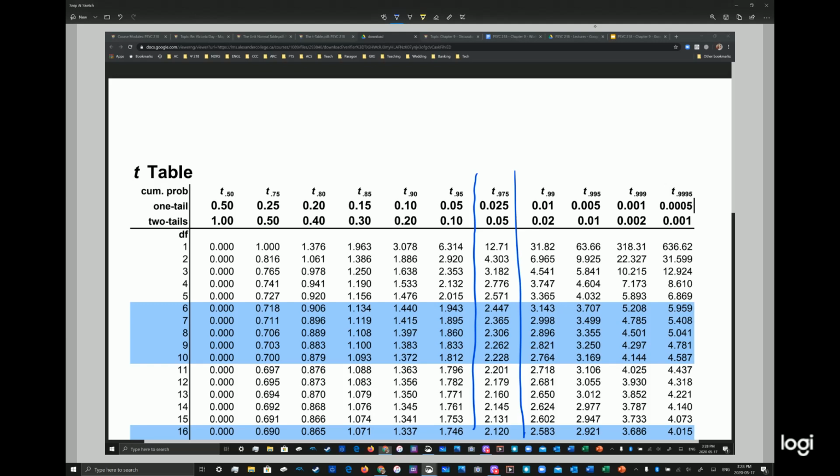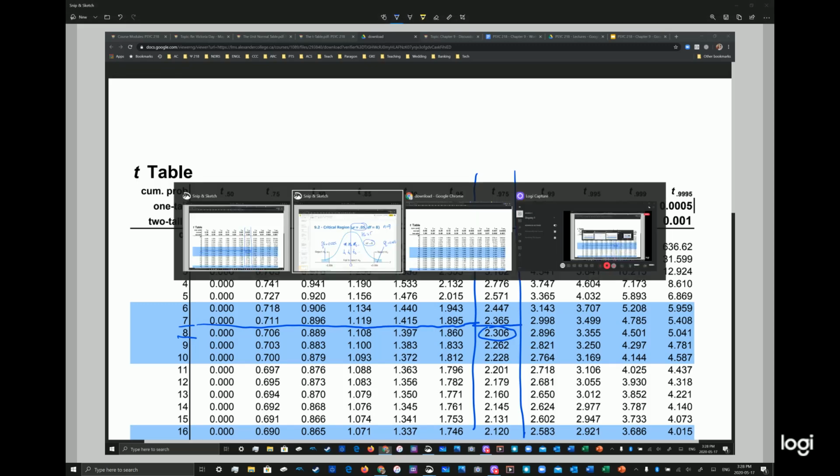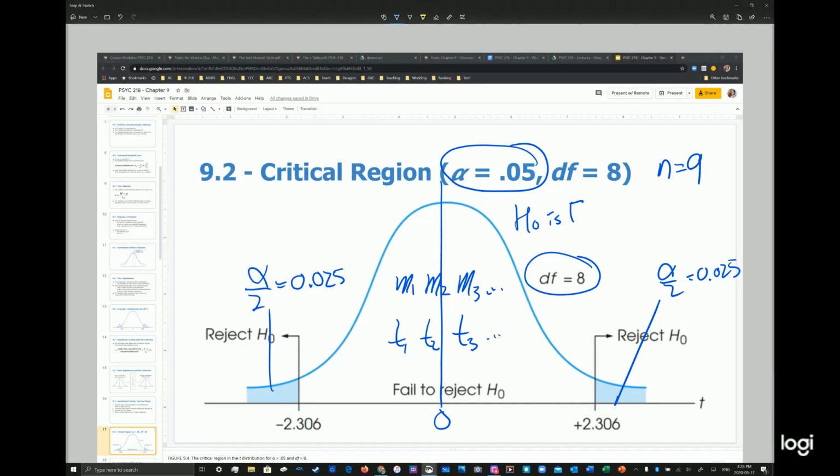Next, we need to figure out what degrees of freedom we're looking for. 8. So we find the corresponding row and match the column. So this should say 2.306. Let's double check here, see if this is right. Yes, 2.306. So again, anything that is more extreme, we reject the null, and anything that is less extreme, we fail to reject the null.